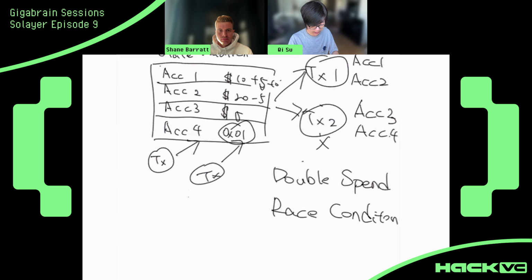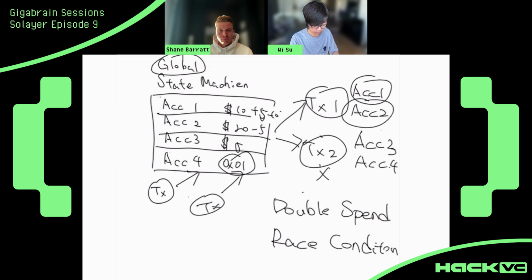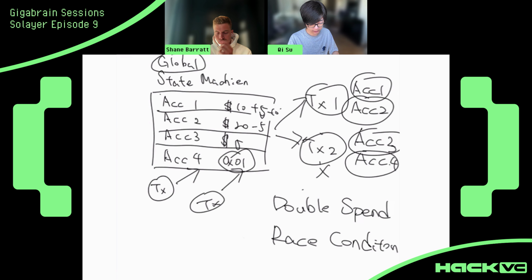To achieve that, before execution, before doing the real operation, you have to tell the machine what accounts you want to access. If you have ever programmed on Solana, you have to include your account info in your transaction. That's the reason: to increase parallelism.